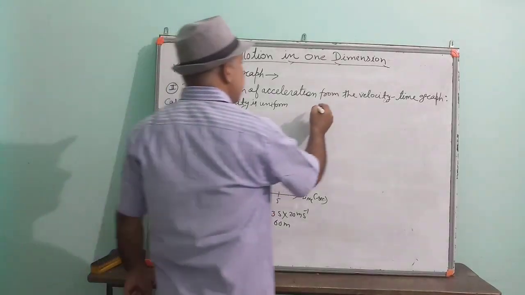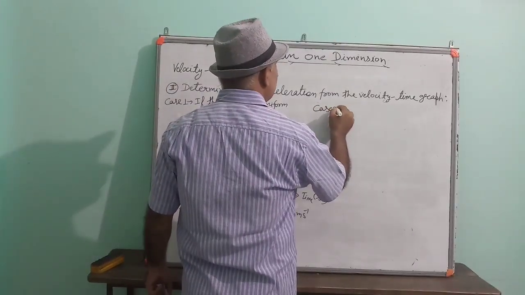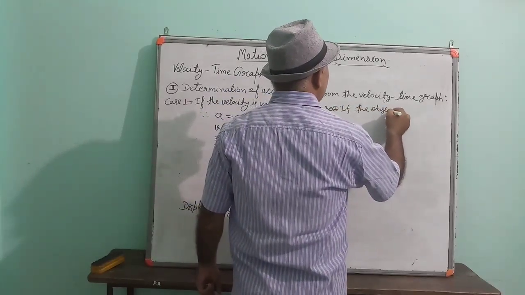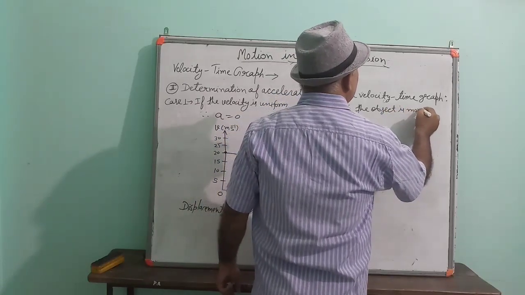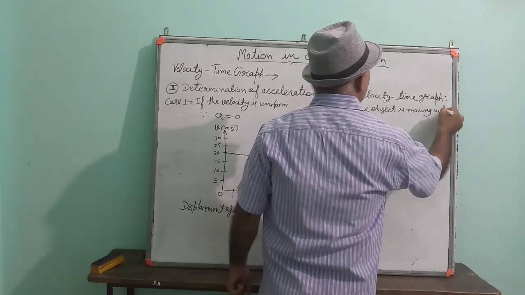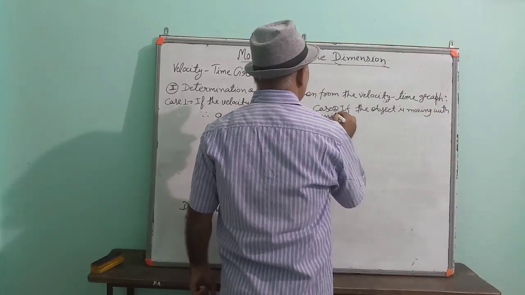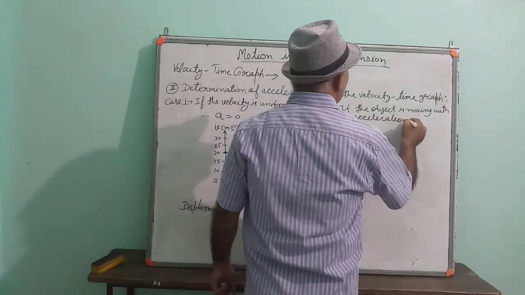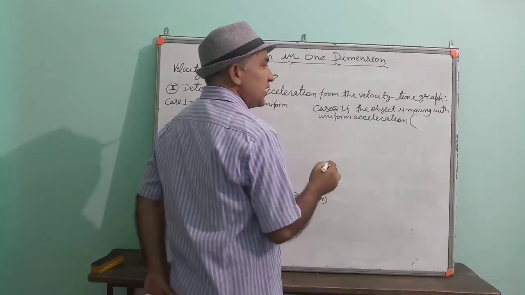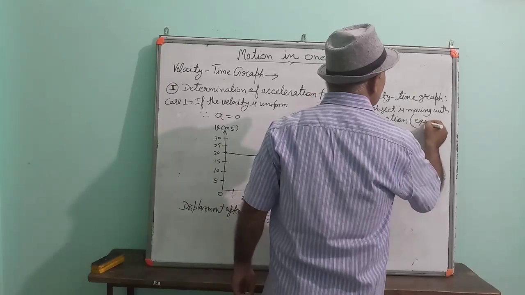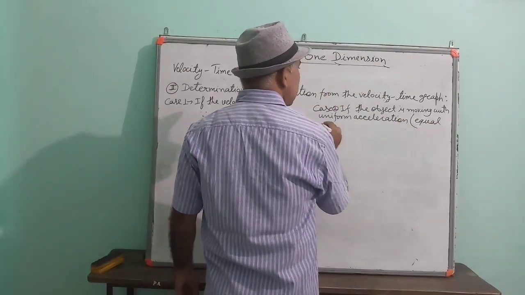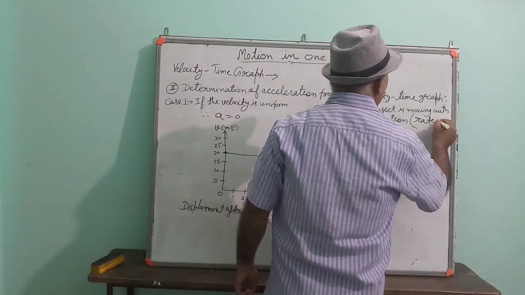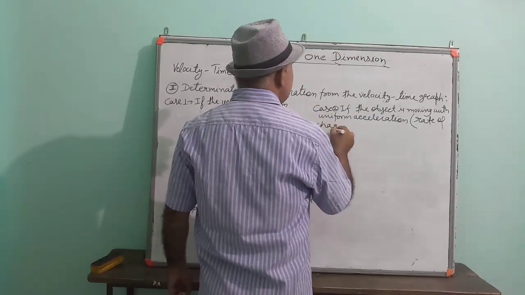Okay, now see the second case. If the object is moving with uniform acceleration, it means the rate of change of velocity is the same.